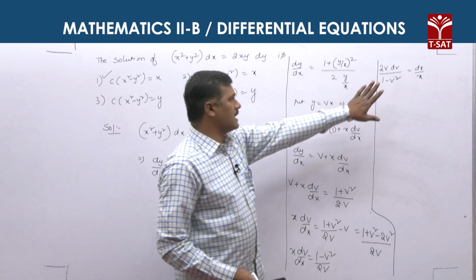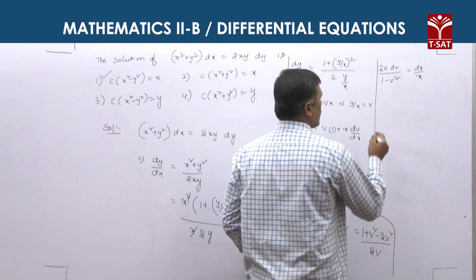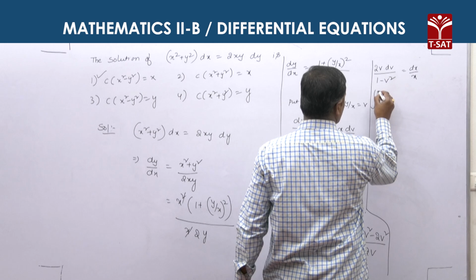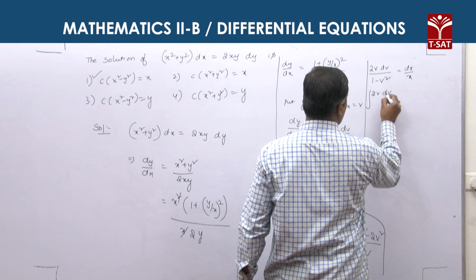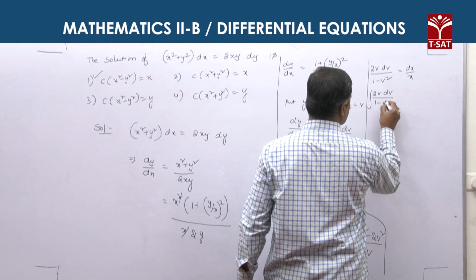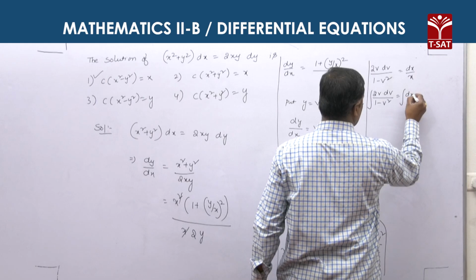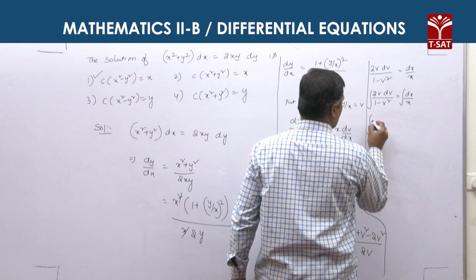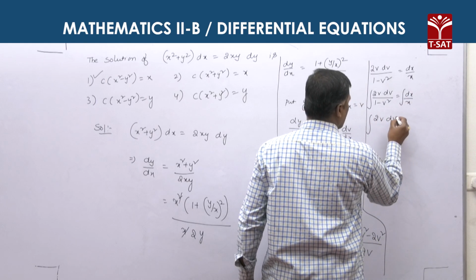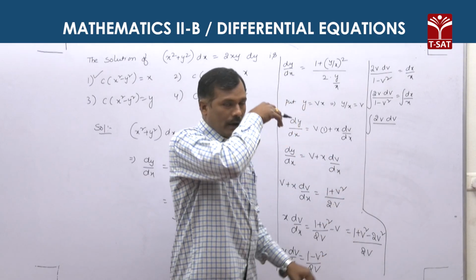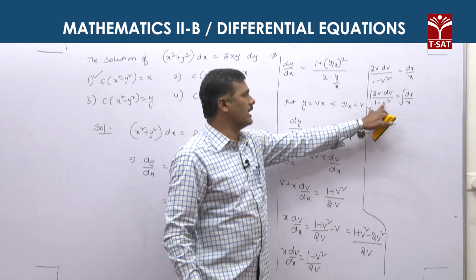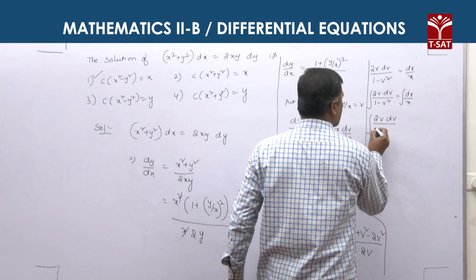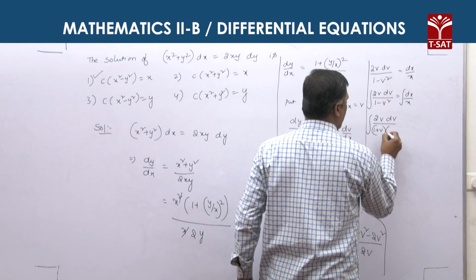So here the variables are separated and then integrating: integral of 2v into dv by 1 minus v square is equal to integral of dx by x. How can you write the integral of 2v into dv by 1 minus v square? It is in the form of a square minus b square, which you can write as a plus b into a minus b.